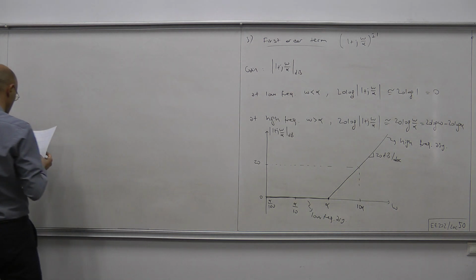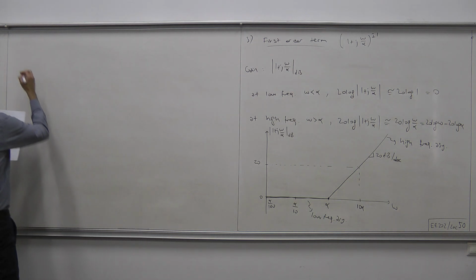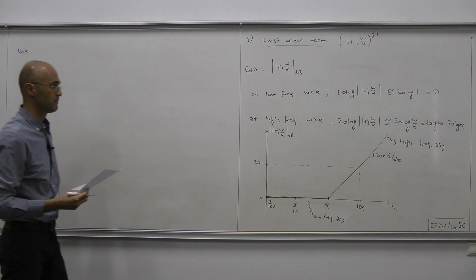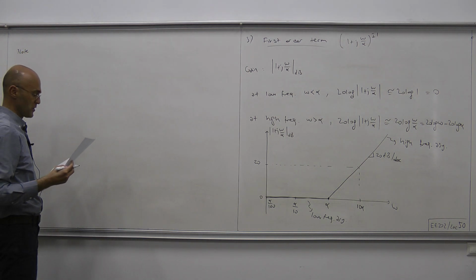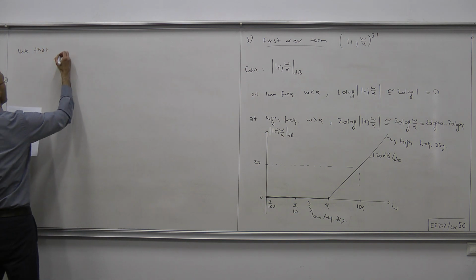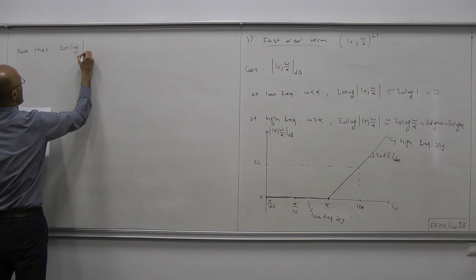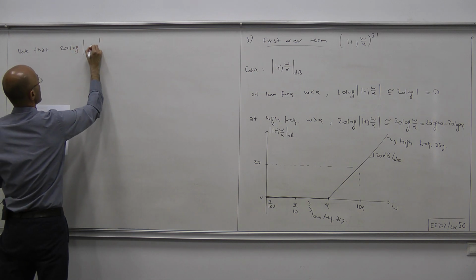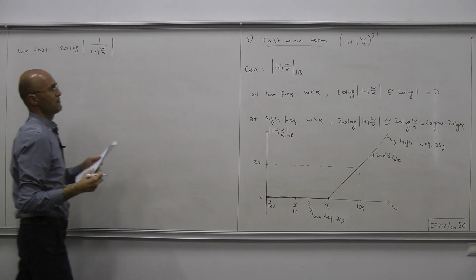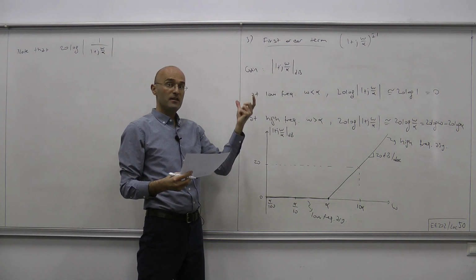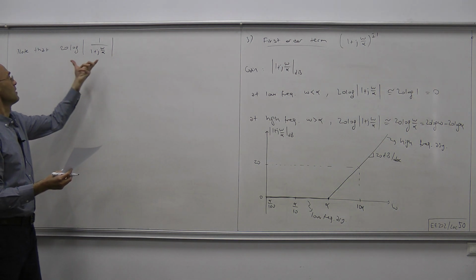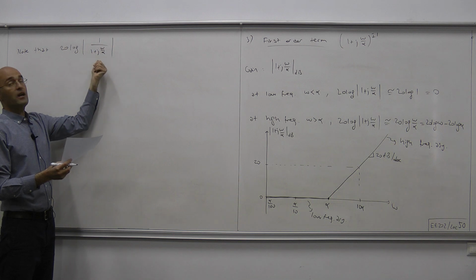Before talking about the validity of the approximation, note that if we were dealing with a term that appeared in the denominator, 1 over 1 plus j omega over alpha, then the gain would be 20 log of the magnitude of 1 over that thing.